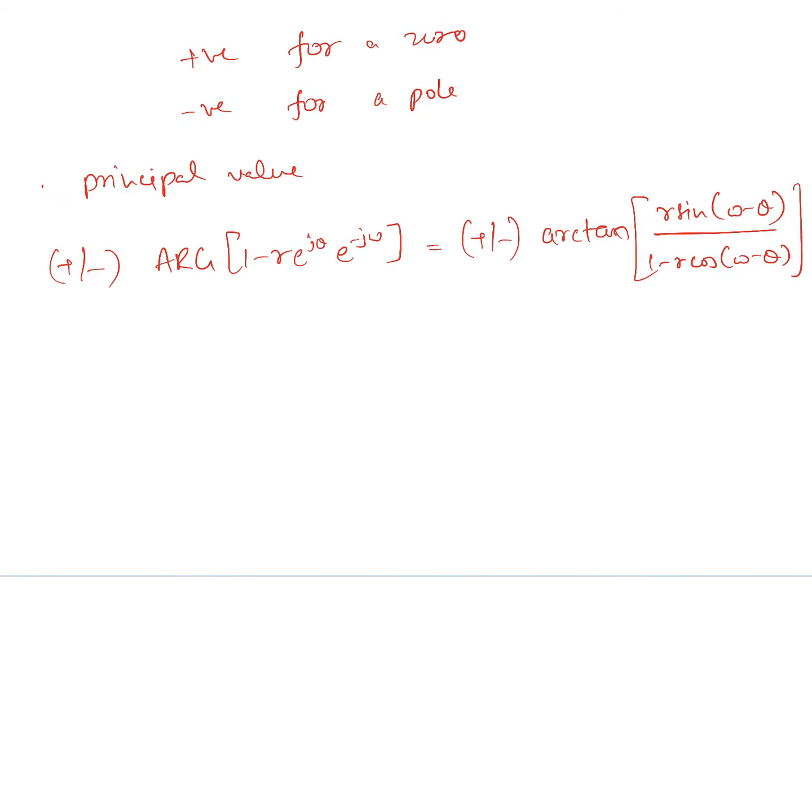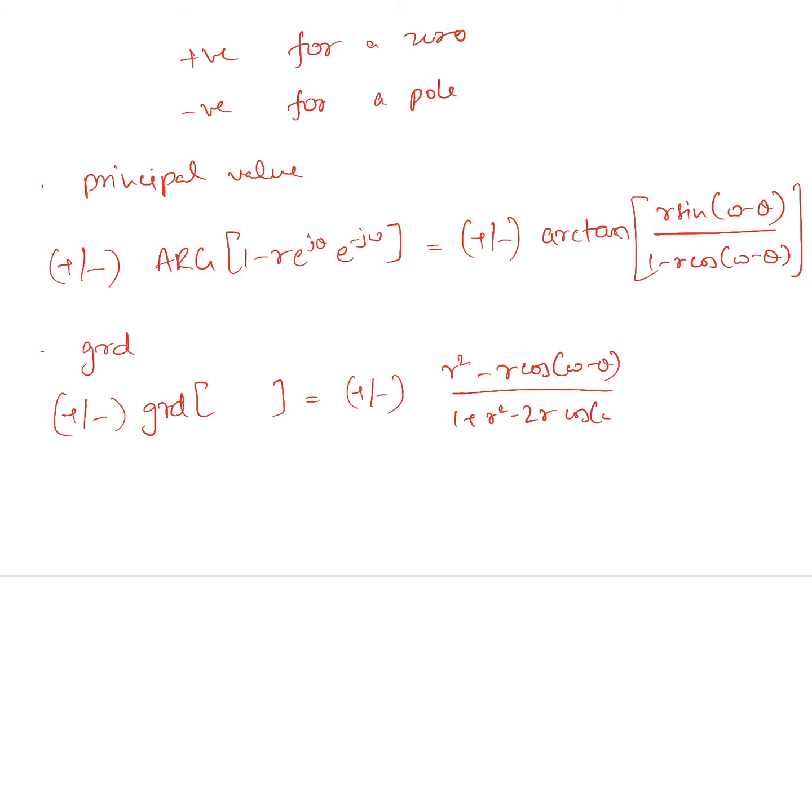The group delay, you can also get by differentiating this principal value function except at the discontinuities. This group delay is given by again plus or minus the group delay of the above vector, as plus or minus r square minus r cos of omega minus theta, over 1 plus r square minus 2r cos of omega minus theta.